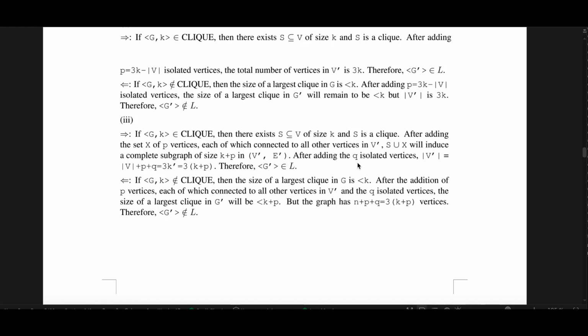After adding the q isolated vertices, the number of vertices of V plus equals the number of vertices of V plus p plus q, which equals 3 k plus, and equals 3 times the sum of k and p. Therefore, the graph G plus belongs to L. And on the other hand, it is a similar proof.